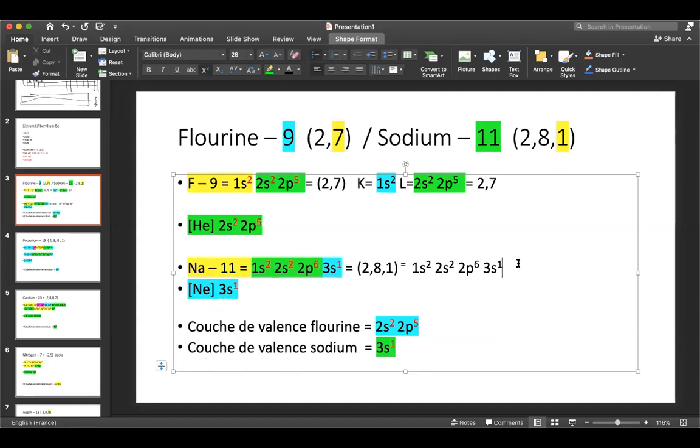And the electron configuration for sodium, that is the SPDF electron configuration for sodium, becomes 1s2, 2s2, 2p6, 3s1. And the couche de valence in our case does not become 2s2, 2p6. It is 3s1. 3s1 is our last orbital. You can also look at it from here.